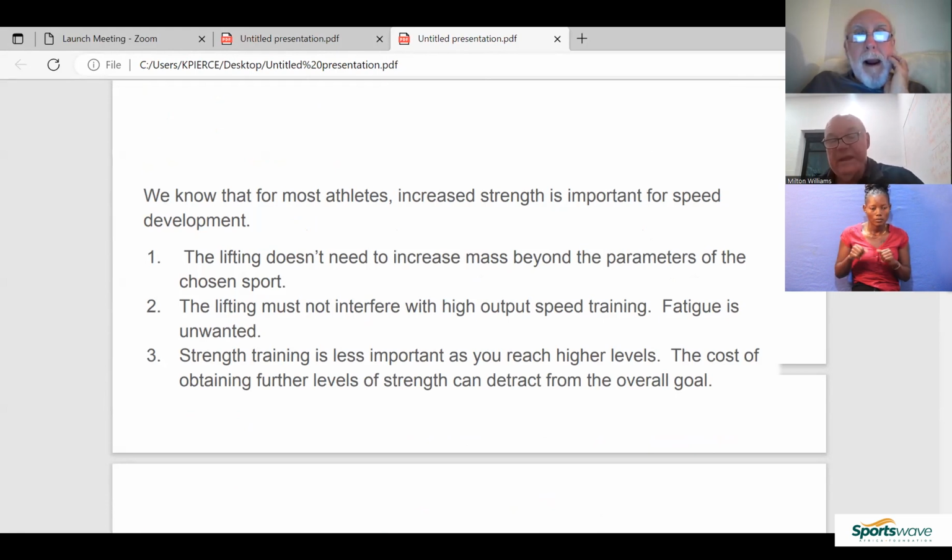For example, I've had 75 kilo or 73 kilo sprinters that could squat over 180, okay? And they were good sprinters. But for me to get them from 180 to 200 or 220, the cost involved there is extreme at that point. The demands on their body is very extreme.